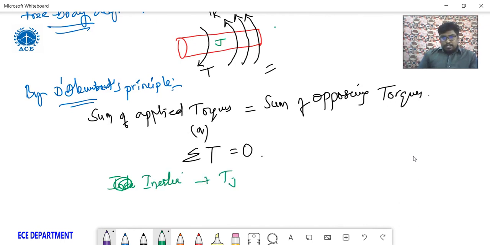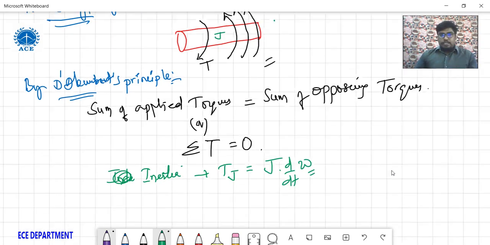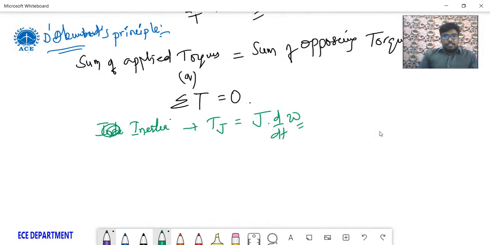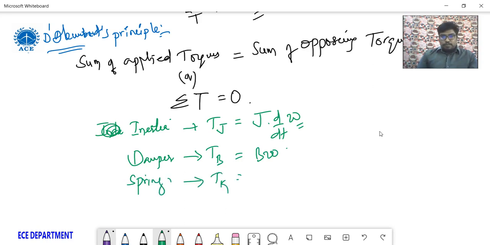From the inertia torque, I can mention Tj, which is J times d by dt of angular velocity. I am writing the equations in terms of angular velocity here. Next, for the damping coefficient, Tb is B times angular velocity. Don't forget to mention angular quantities here.